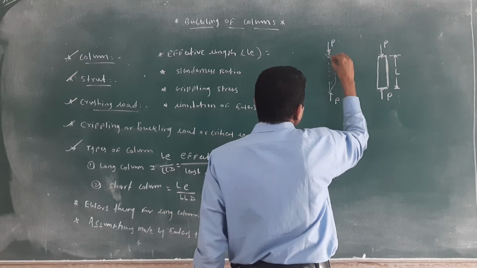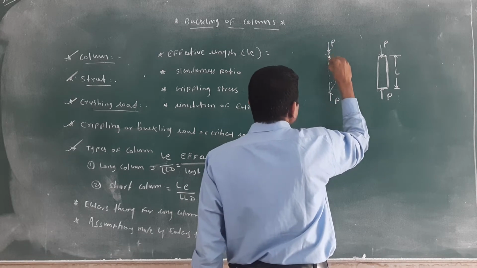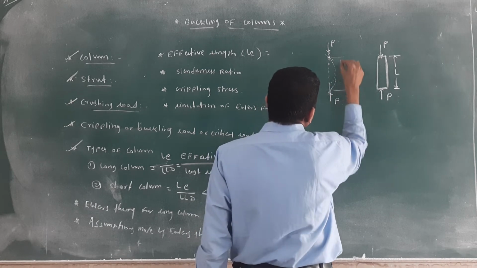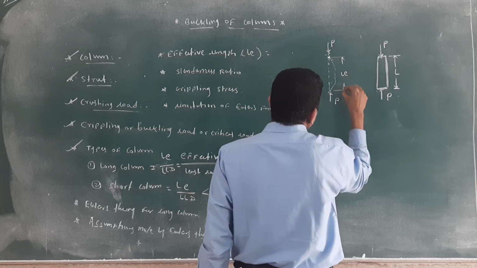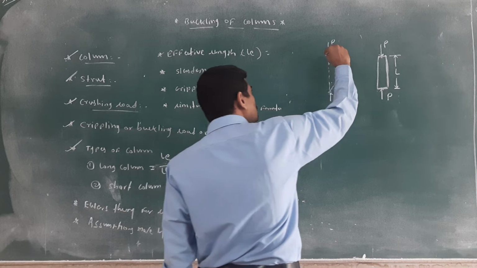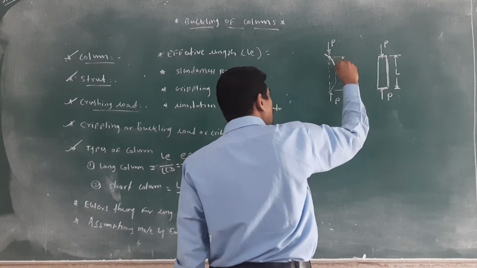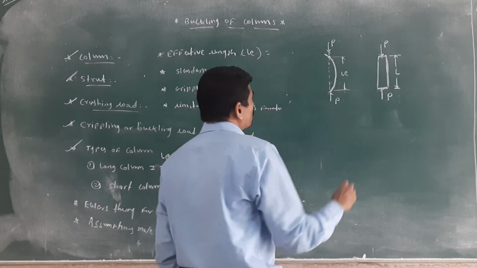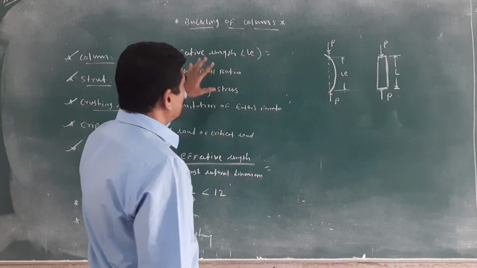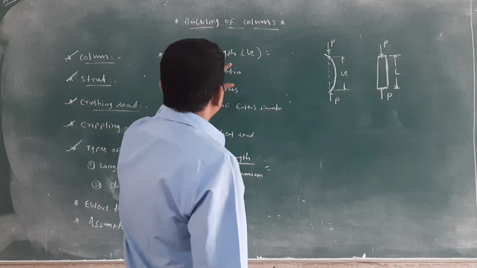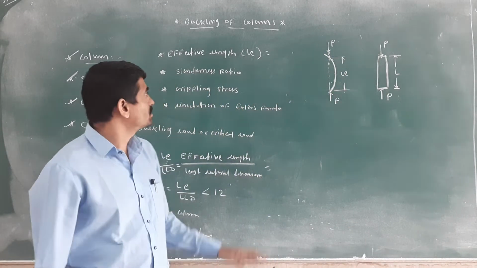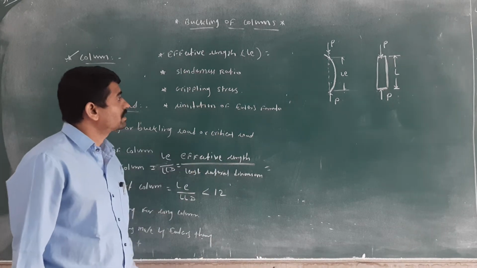Suppose there is a sign change at this position, then this length is the effective length. Here we get the sign change of the buckling of the column. That's why this is the effective length LE, the distance between the points of contraflexure in the column.